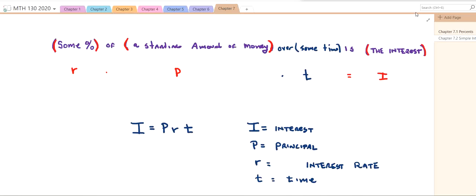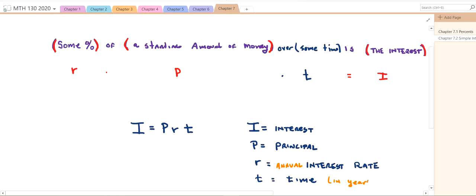So here I equals interest. P is the principal, or our starting amount. R is the interest rate, and T equals time. And if I set my R up, if I relate my R to T, and I say that we're talking annual interest rate, annual, each year, then time is in years.